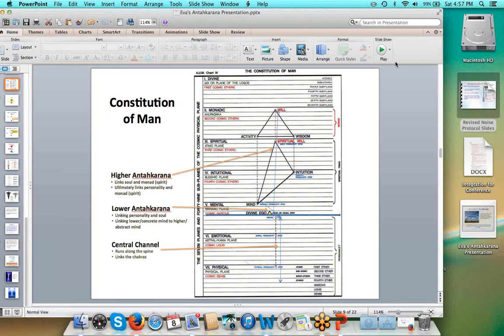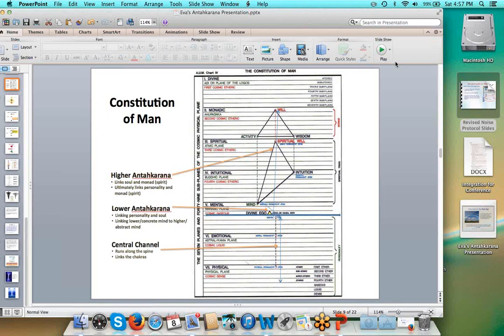Well, once you know your rays, right? For example, for me, my personality ray is the seventh ray, the ray of ceremonial order, and so its color is violet. And my soul ray is the second ray, so its color is indigo blue.